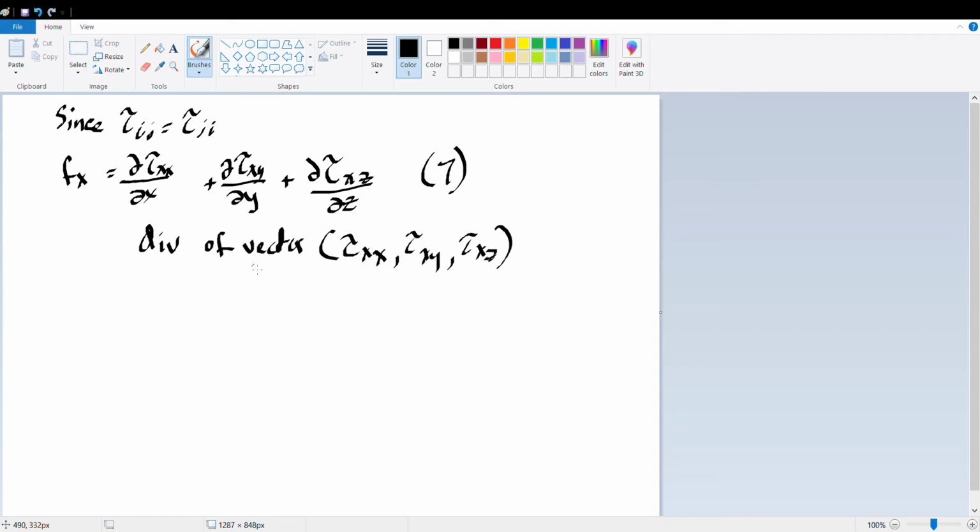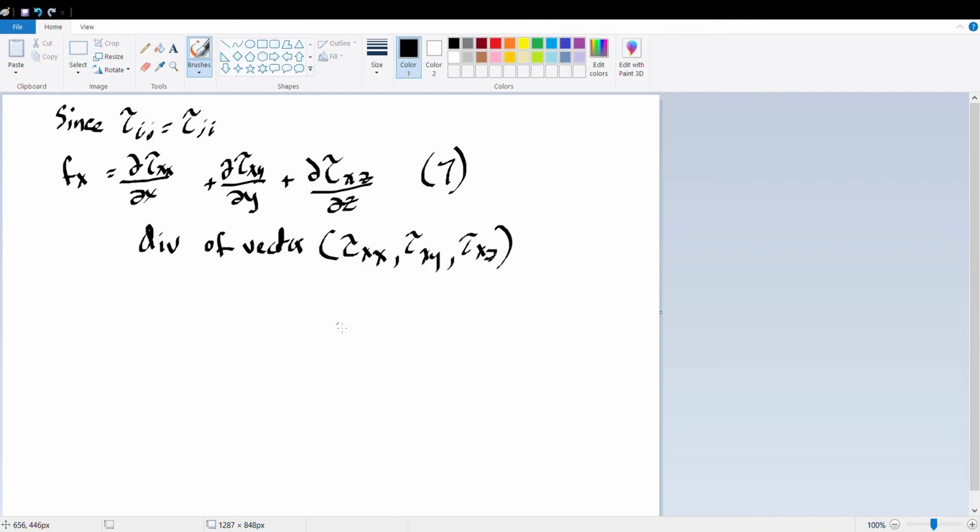We're taking the divergence of the vector in the upper row of the stress tensor, the three-dimensional matrix that I showed you. Similarly, Fy would be the second row of that stress tensor, taking the divergence of that, and Fz would be the divergence of the third row.